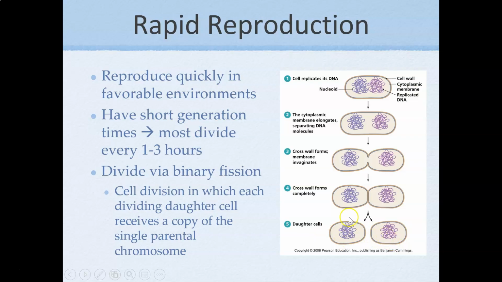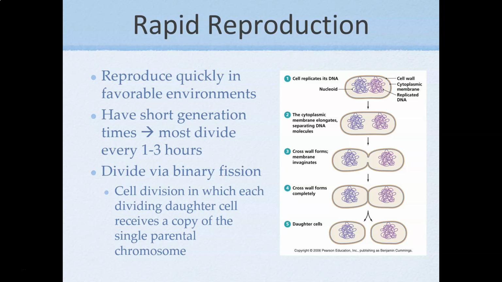And they are genetically identical to each other. They are also genetically identical to the original parent cell. So they are all clones of each other. So keep that in mind when we talk about the amount of genetic variation that exists in these species, because there's got to be other mechanisms than just reproduction that allows them to get all of the diversity that we see, because they are just making photocopies of themselves.